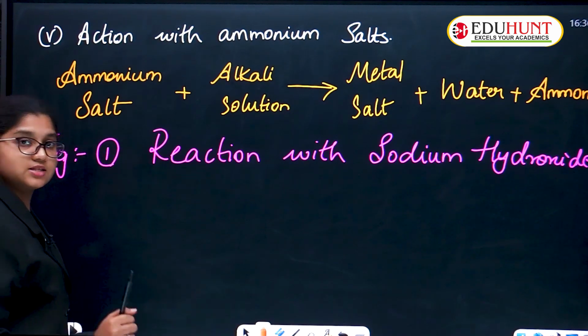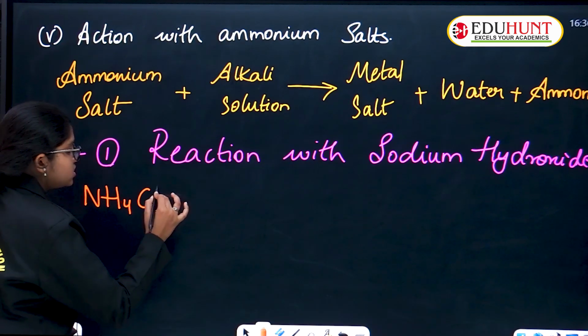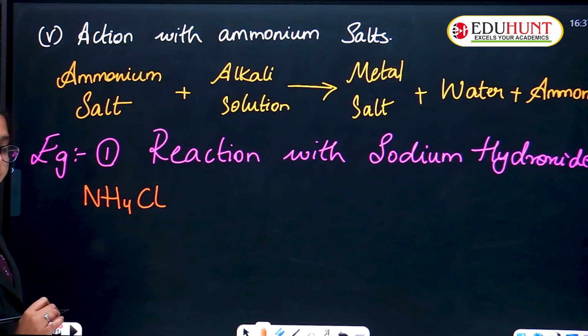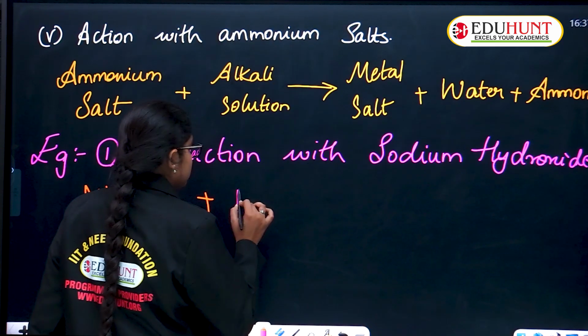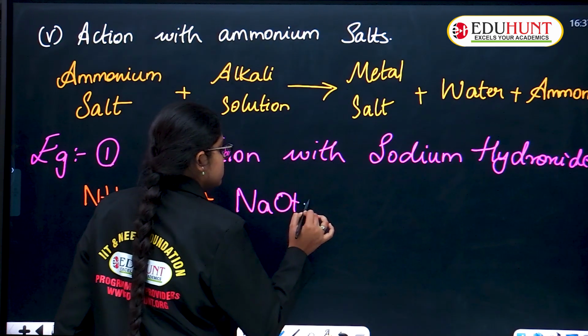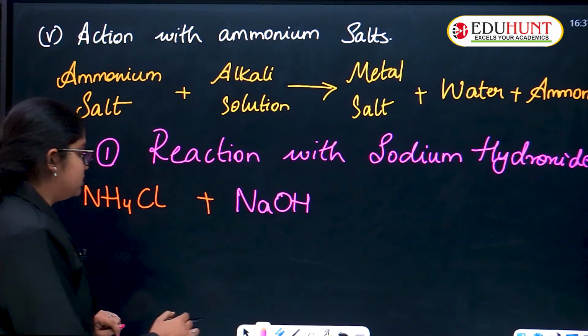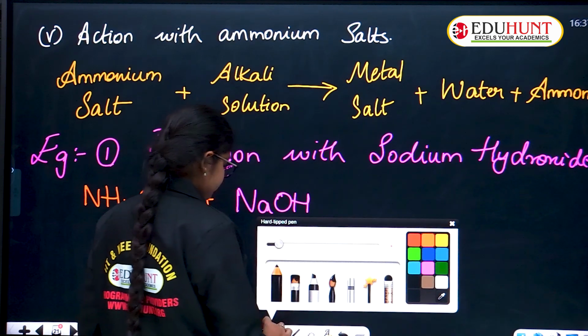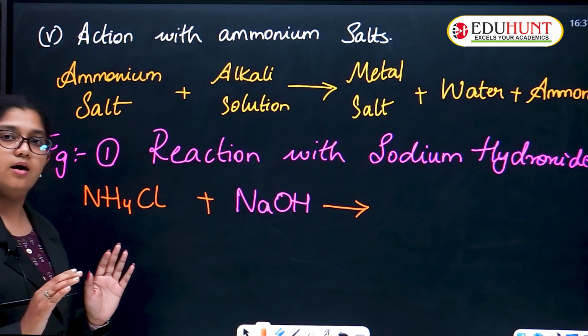Let's take an ammonium salt such as ammonium chloride, and to this let's add sodium hydroxide because it is an alkali solution, no? So what do I get? I get a metal salt.